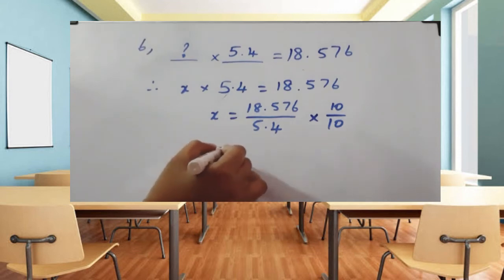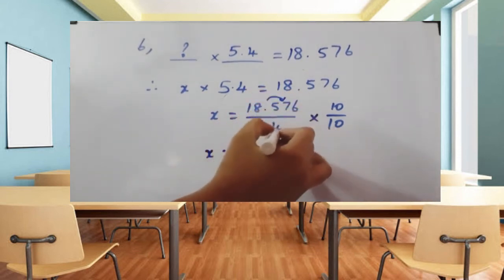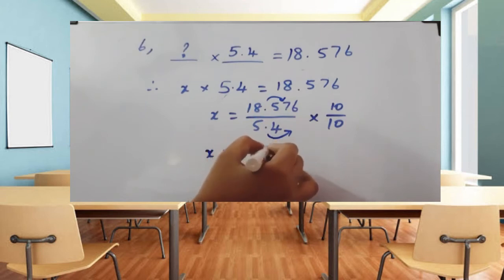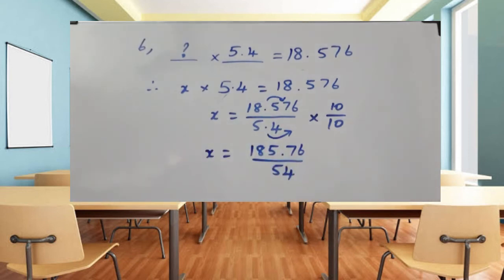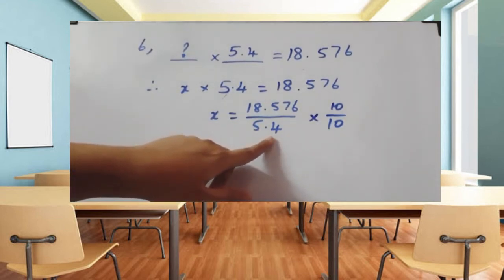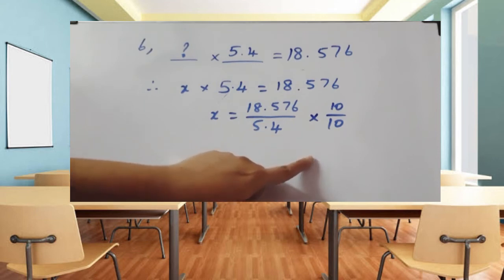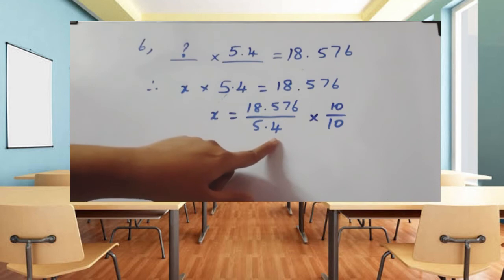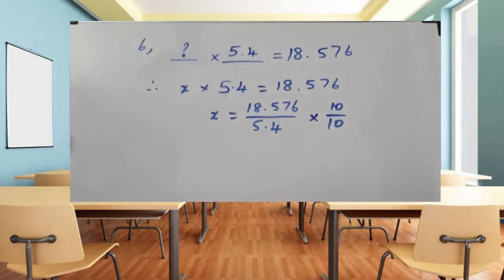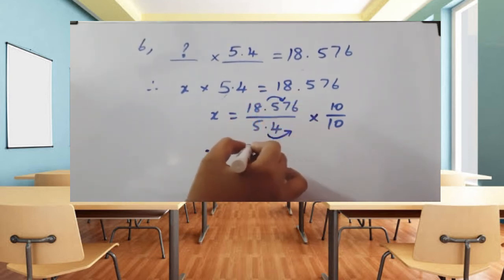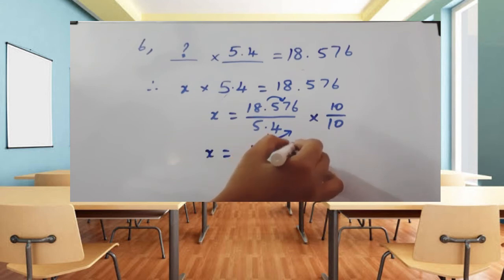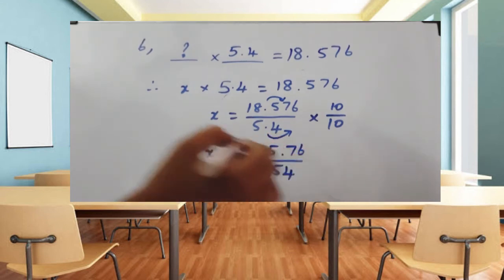So x is equal to, the decimal moving one step, 185.76 divided by 54.